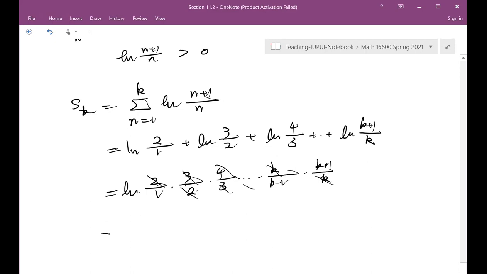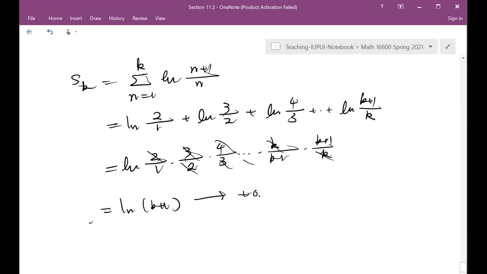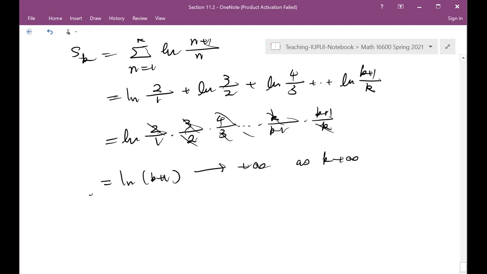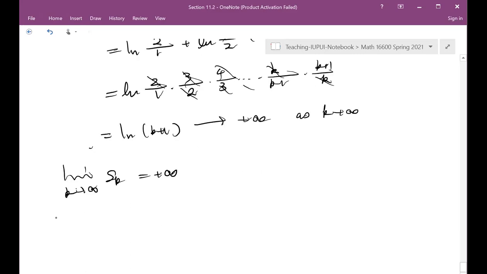So only one term is left, which is natural log of (k plus 1). Now it's obvious this goes to infinity as k approaches infinity. Did you figure this out? Then the limit of s_k is infinity. So the series is divergent.